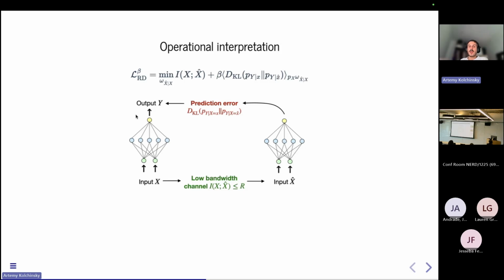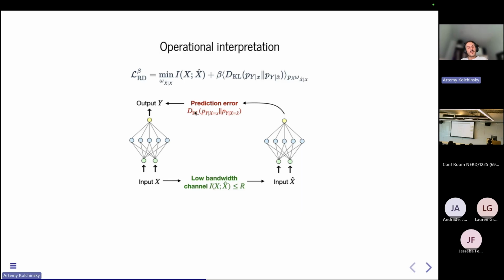We could imagine that we have a neural network or some statistical model that maps inputs to outputs. What we want to do is transmit the input to another copy of this model, use the copy to predict the output, and then compare the predicted output to the true one using the Kullback-Leibler divergence.